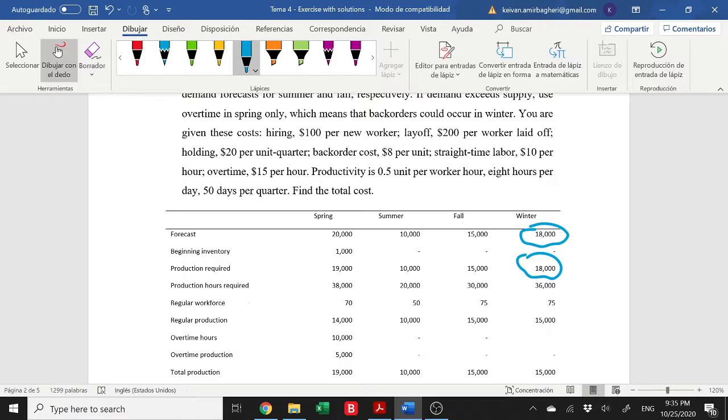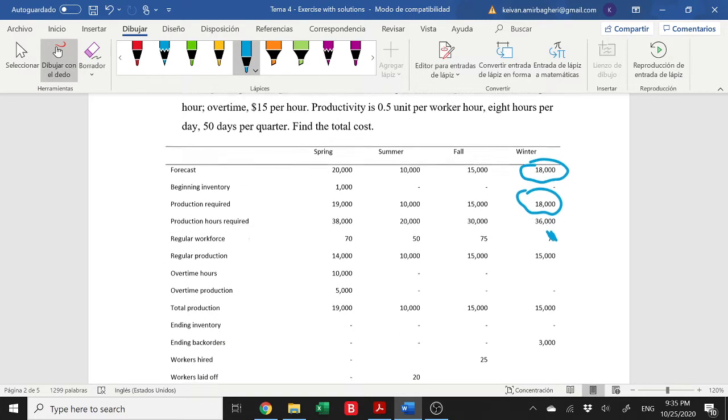Let's see how many workers we need for our winter to produce these 18,000 units.